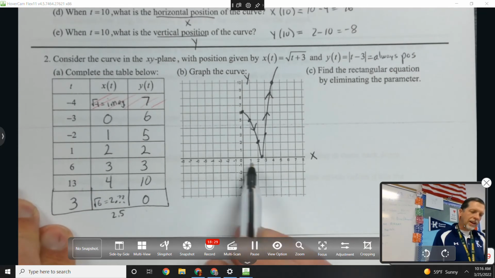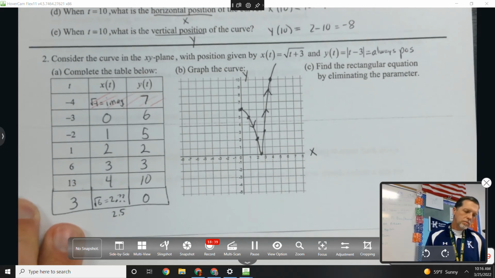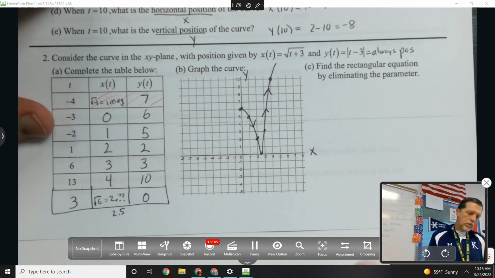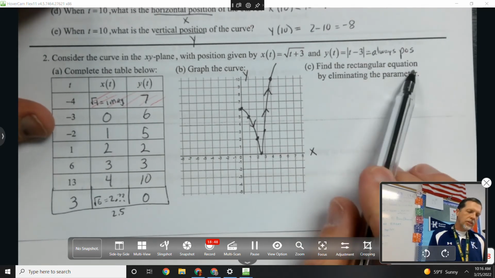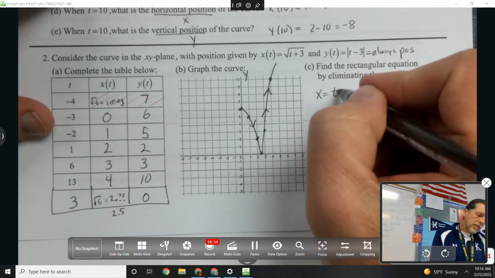So when we were going to have negative values, which was going to happen over here, it bounced them to the positive side and made everybody positive. So that's kind of a weird graph, for sure. Which probably means that when we find the rectangular equation by eliminating the parameter, it's going to be kind of weird. So let's see what happens.